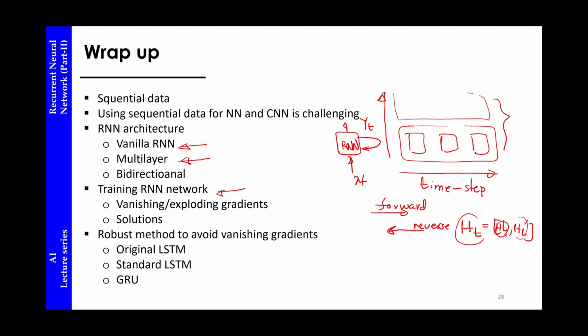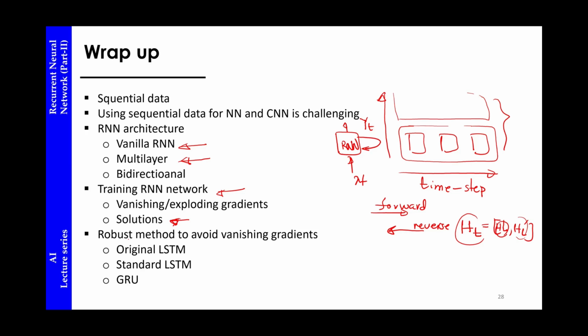These two methods are used for avoiding exploding gradients. And we can also use the identity matrix at the beginning of the training for the recurrent weight matrix to avoid vanishing gradients. But none of them is a robust solution. A robust solution to avoid vanishing and exploding gradients is changing the architecture of the recurrent neural network.